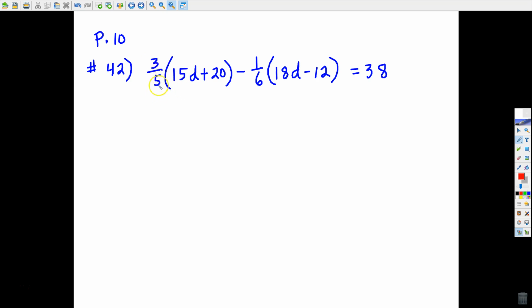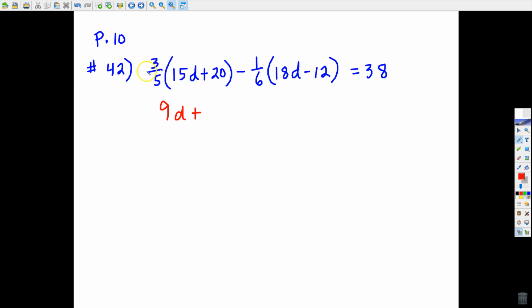Personally, I like to divide this denominator 5 into 15. If I divide 5 into 15, I get 3. And then that result, 3, I'm going to multiply. Okay, so it's division from the bottom and then multiply the result. 3 times 3 is 9d.